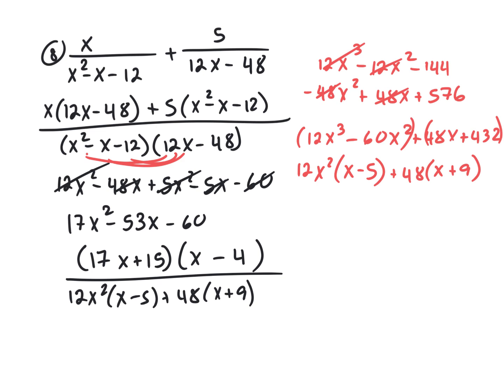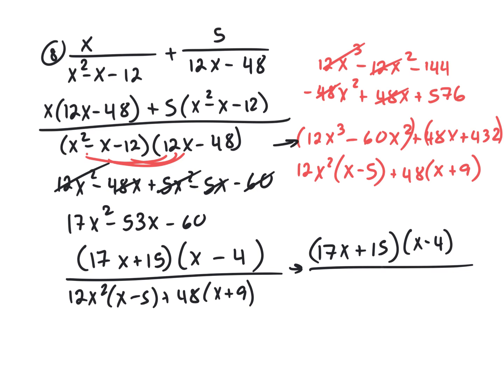So I'm just going to go ahead and rewrite the equation as 17x plus 15, x minus 4. And then at the bottom, I'm just going to write the term before I factor it out or try to group it, as 12x cubed minus 60x squared plus 48x plus 432.